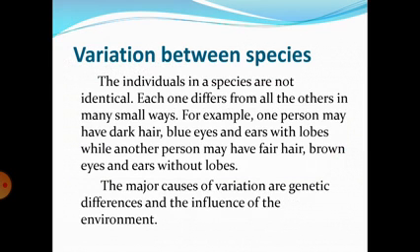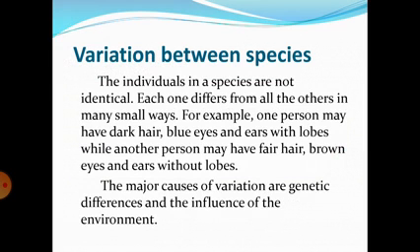It should be noted that no two children, except in the case of identical twins, inherit exactly the same combination of characteristics from both parents. The reason being that identical twins are formed from the same egg and the same sperm.